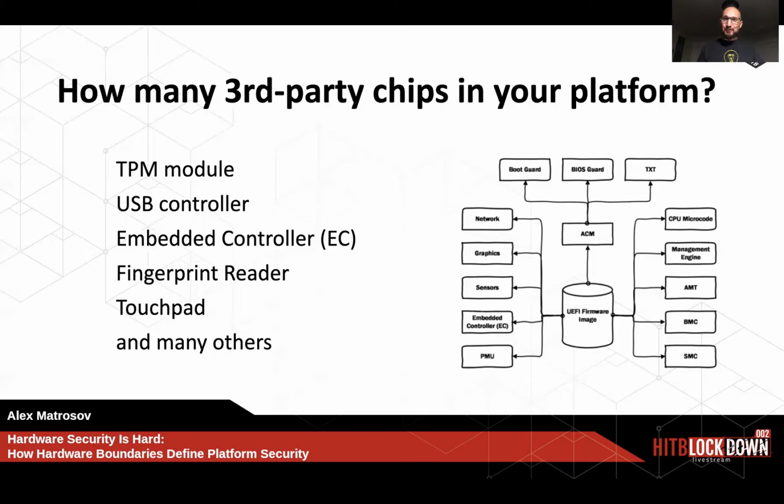As an example, your touchpad, in many cases, does not authenticate the firmware. Of course, there's not a lot you could do from the touchpad, but think about if it were something more powerful. And we will get to some places where common mistakes can provide really interesting opportunities for the attacker.